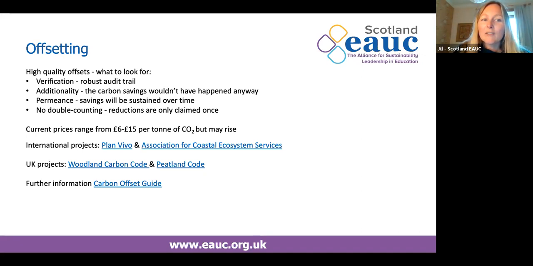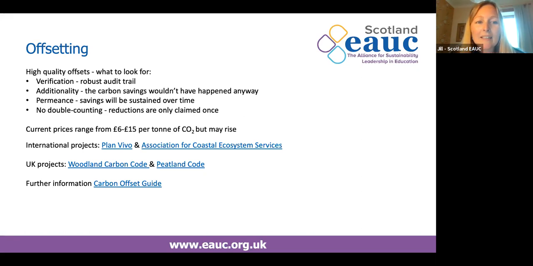Also, you need to think about additionality, whether the carbon savings would have happened regardless of the offset money. And permanence is important so that the savings are sustained over time, especially with forestry projects. And also double counting, which we spoke about before with the green electricity. So it's important to be sure that the reductions have only been claimed once.